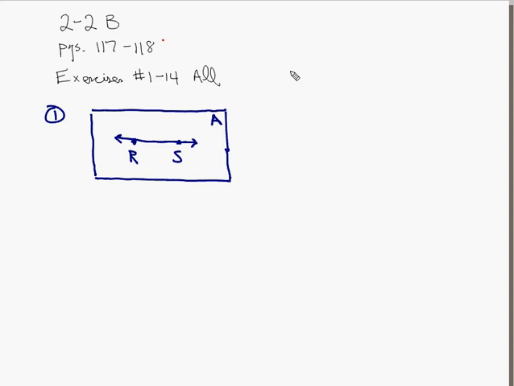Number 2, here they're saying there is some point F that is not in the plane containing points B, C, and D. Oh, by the way, on the number 1, that is called the flat plane postulate.